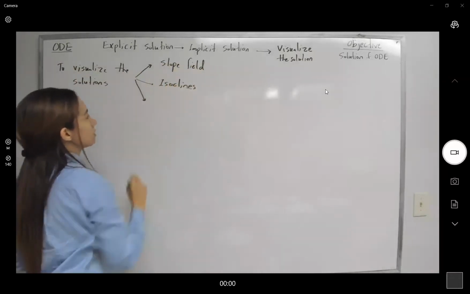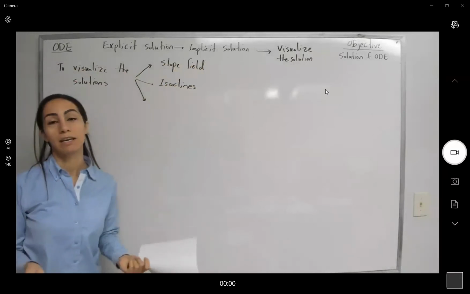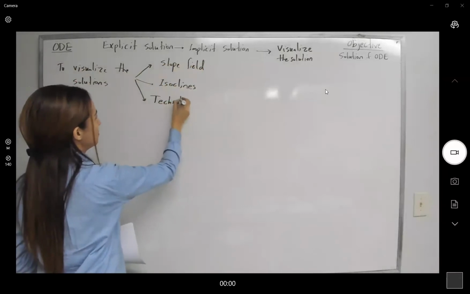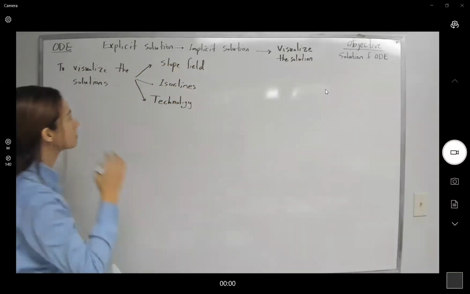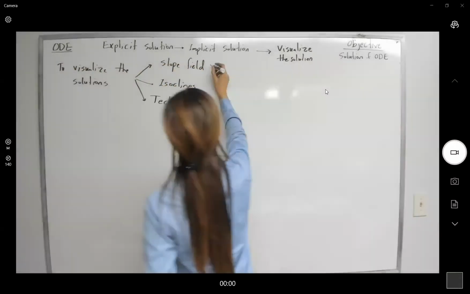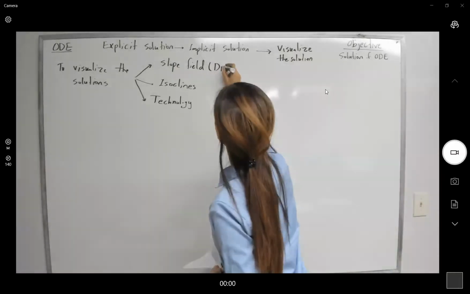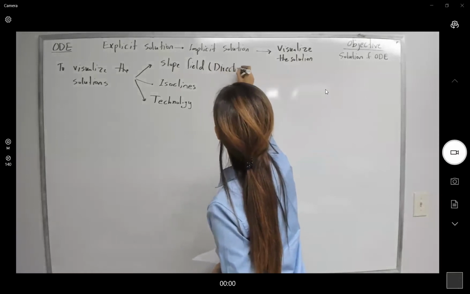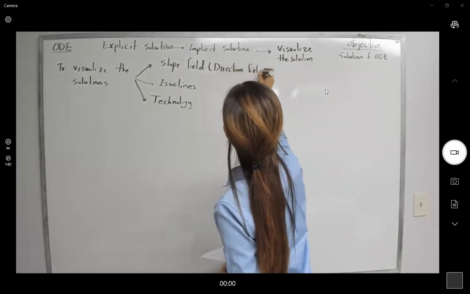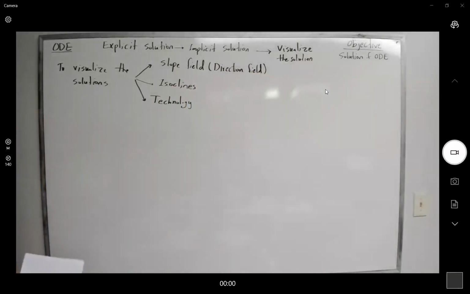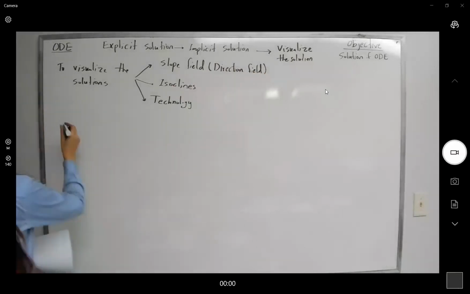And finally, the easiest, fastest way is to use technology. A slope field and a direction field are the same thing that we discussed in calculus. Let us go over a couple of examples to feel comfortable about using slope fields, isoclines, and technology.